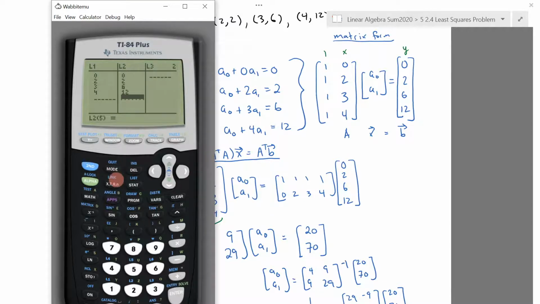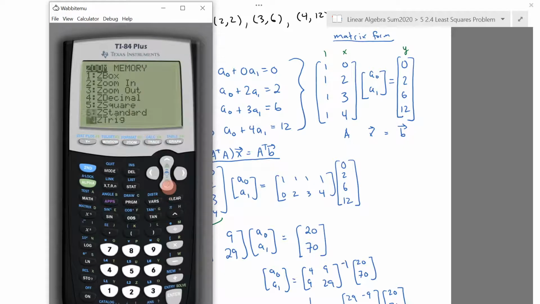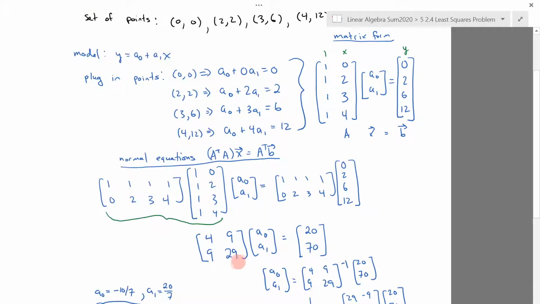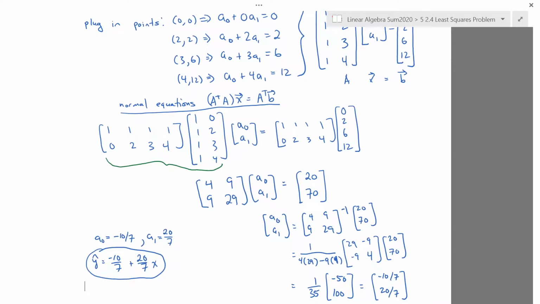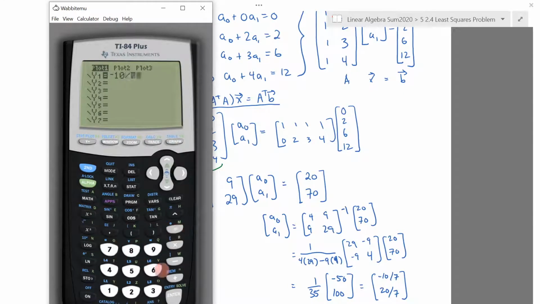And then now I can do stat plot for these points, right? So I can turn stat plot on, right? So the x values were in L1, y values were in L2. So now I can plot the scatter plot. To fit all points in, I will do zoom stat. And now I will graph my regression line, which was negative 10 over 7 plus 20 over 7 x.